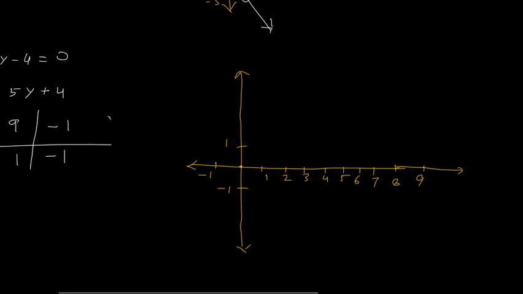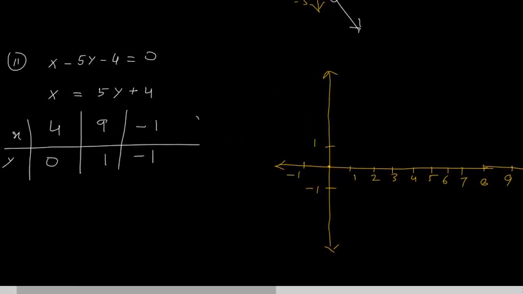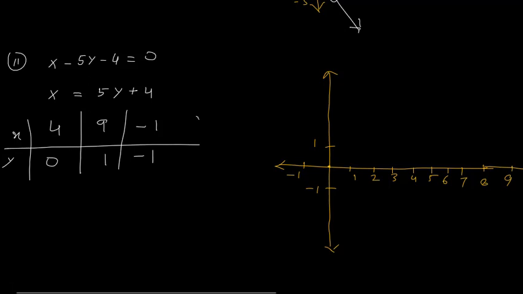Now the points which we have to plot are 4, 0. So along x-axis 4 and along y-axis 0. So I get 4, 0, one point here. Then 9, 1. So 9, 1 will be a point here. And then minus 1, minus 1.